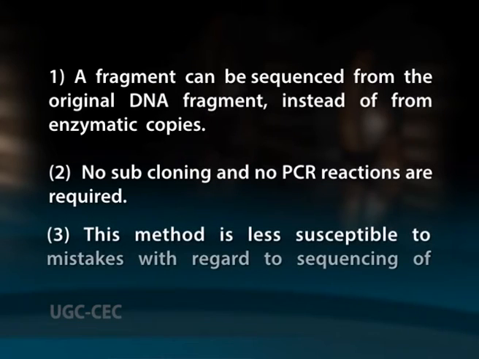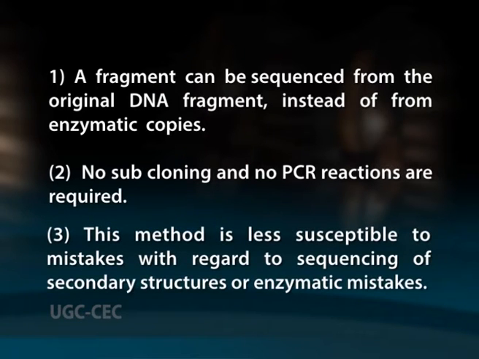Consequently, for the location of rare bases, the chemical cleavage analysis cannot be replaced by the dideoxynucleotide terminator method, as the latter analyzes the DNA of interest via its complementary sequence. It can thus only give sequence information in terms of the 4 canonical bases. 3. This method is less susceptible to mistakes with regard to sequencing of secondary structures or enzymatic mistakes.